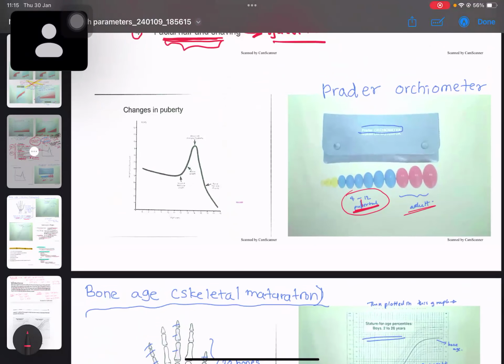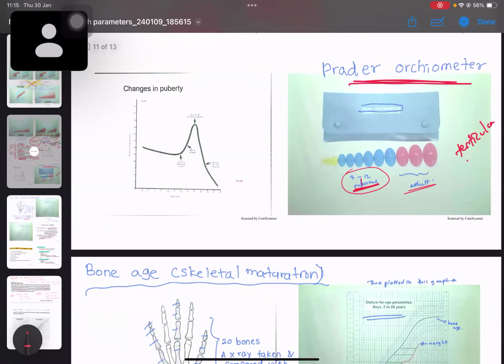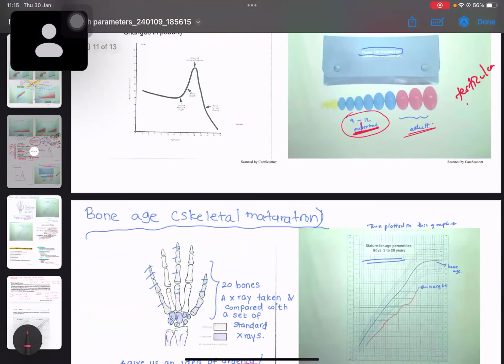Then the orchidometer is used to find the testicular volume of the child or adults, whether the testicles have grown adequately. Just be familiar with the name orchidometer.